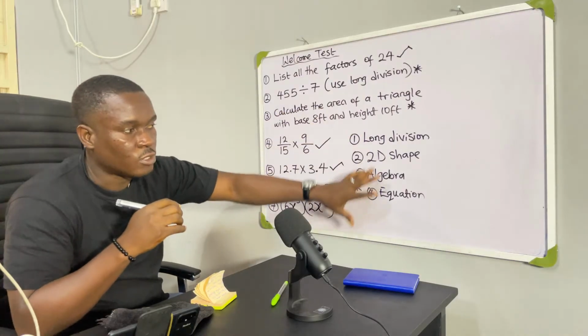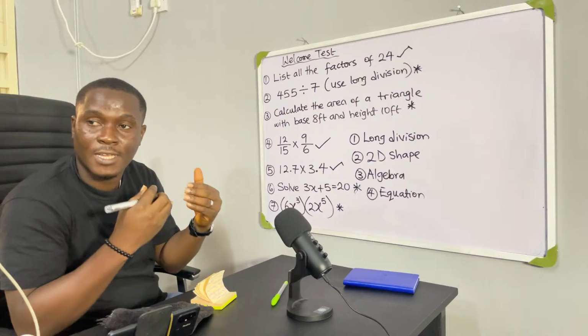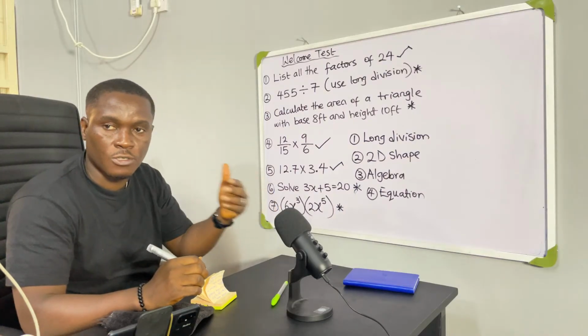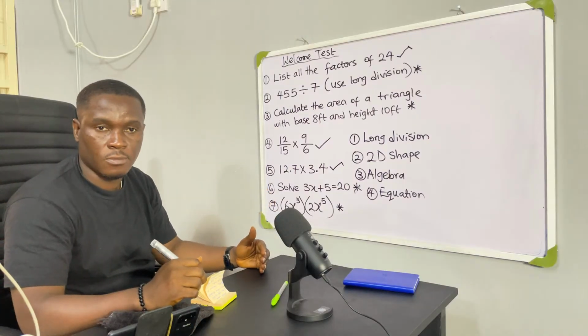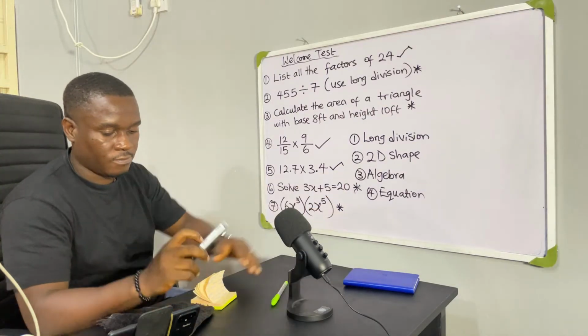So once we are good with all this, then those other topics we're going to be looking at them as we solve the practice questions. So as we are solving the practice questions, we'll be learning about those other topics as we go along. Okay? Good. So hope you've written them down.